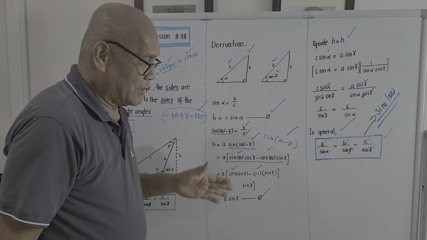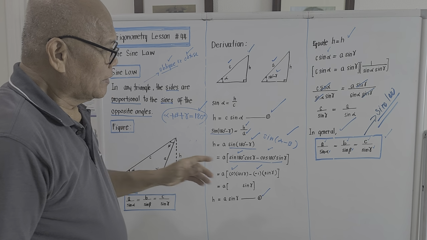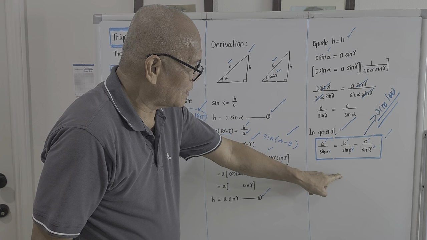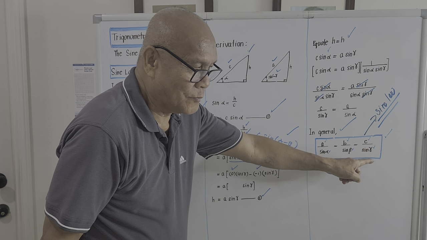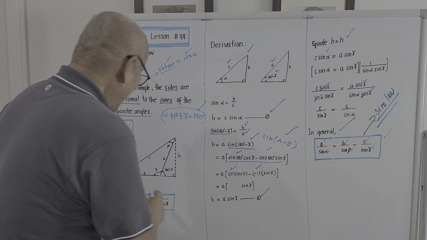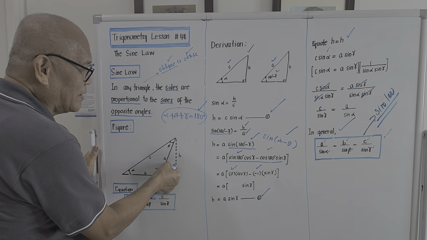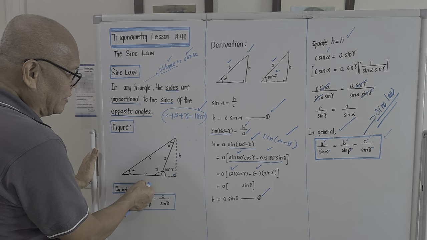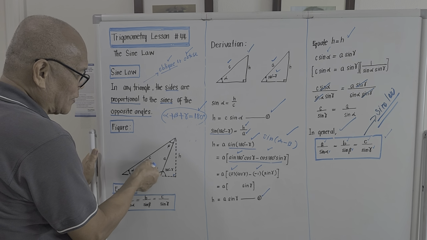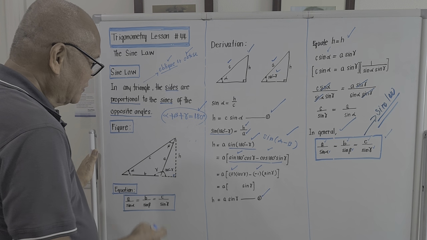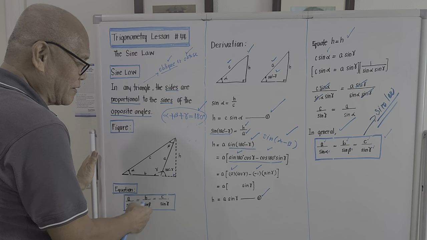In general, in any oblique triangle, A over sine of alpha should be equal to B over sine of beta, and C over sine of gamma. This alpha here corresponds to A, and this beta here corresponds to small letter b, and this gamma here corresponds to side C. They are opposite angles and sides, right?